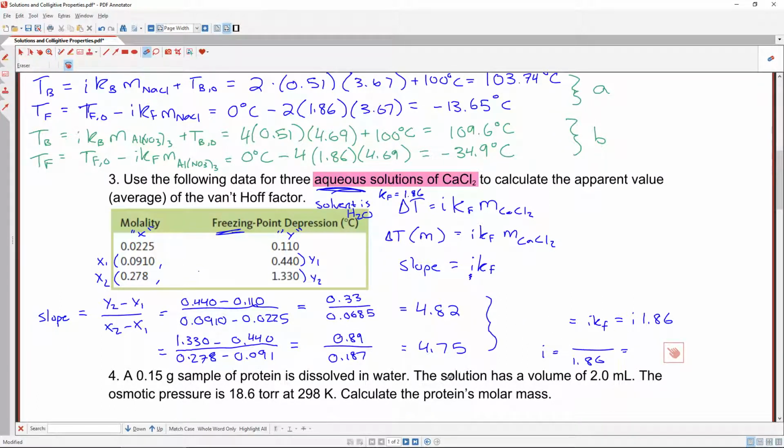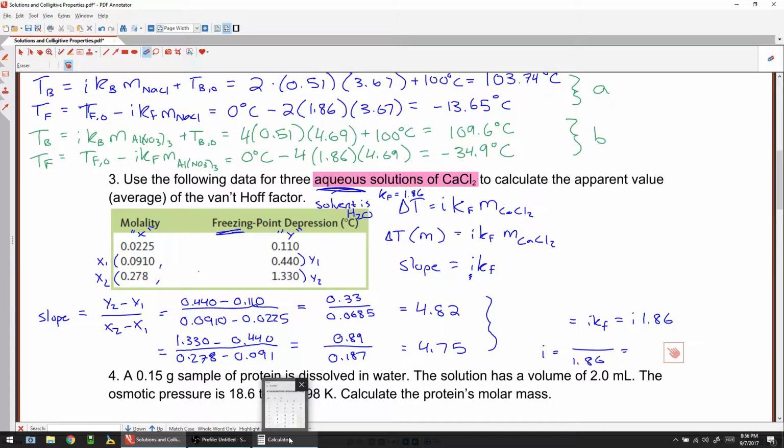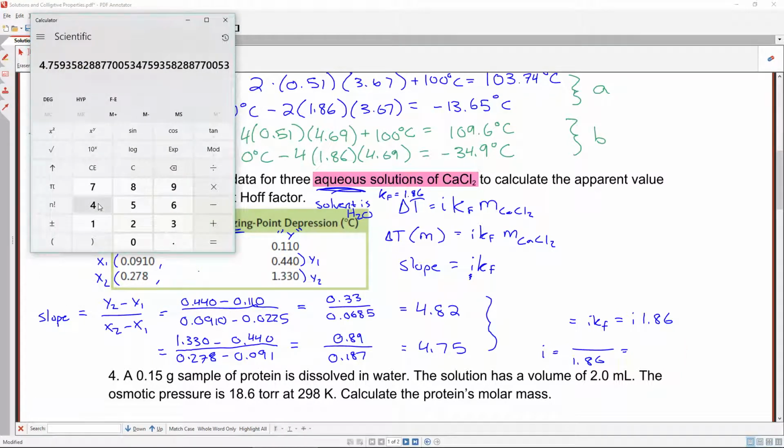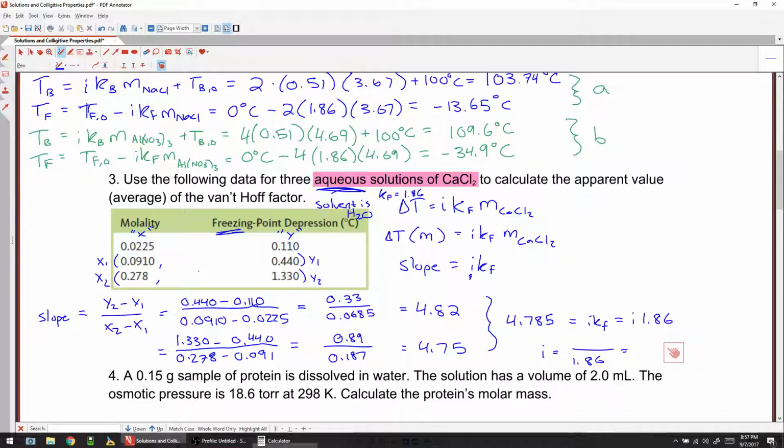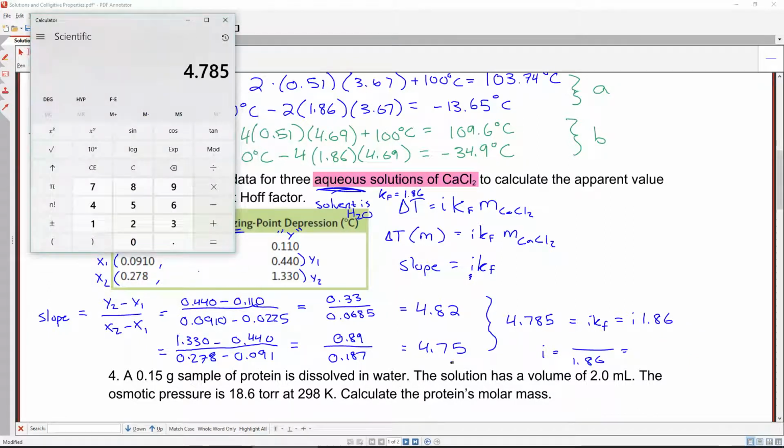Right, our Kf value is still the same, so that's fine over there. So we have to average 4.82 and 4.75, so add them together and divide by the number of things we just added, so 2. Right, so 4.785. And then divide that by 1.86.